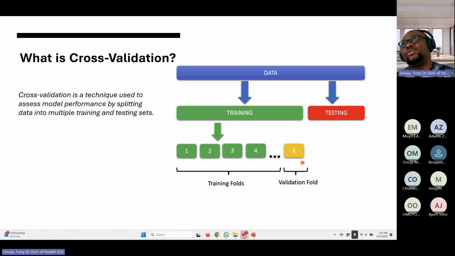And then what other people also do these days is that they further split the testing into two. So you now have testing, internal testing, and a sort of external testing or evaluation, or validation set. So after they train the model, they test the model and then they validate the model.